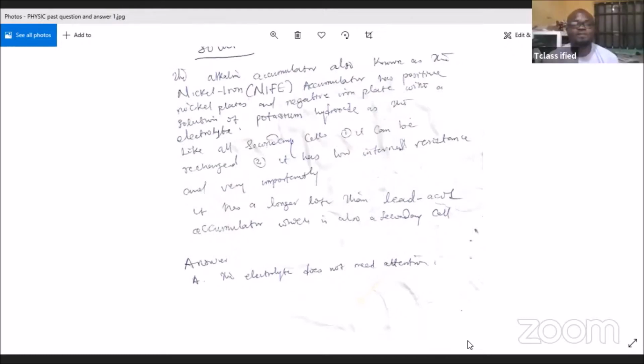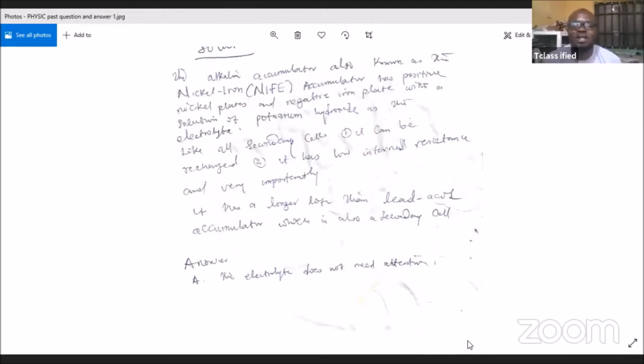Okay, good. Now, like all secondary cells, how do you know a secondary cell? If it can be recharged, that's an advantage. Simple cells or primary cells are not recharged. Once they are used up, they are gone. Now, they have low internal resistance, very, very important.